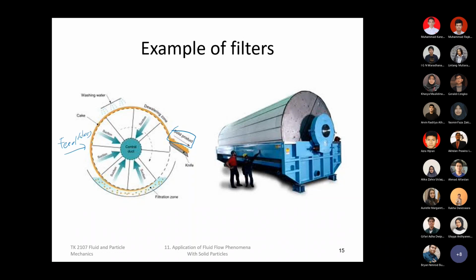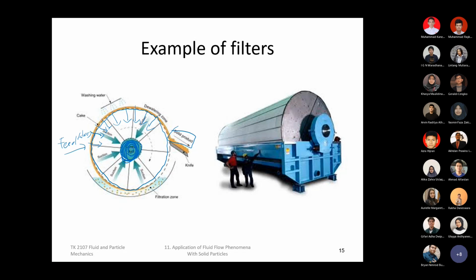And this slurry, so the filter over here is actually the one that I will redraw. The outer layer, that's the filter. By putting the filter over there, the liquid can go through to the center of the filter. Then it will be collected as the filtrate.